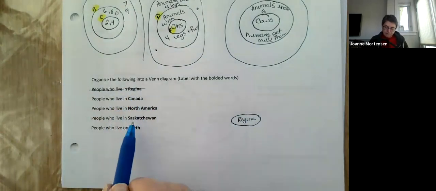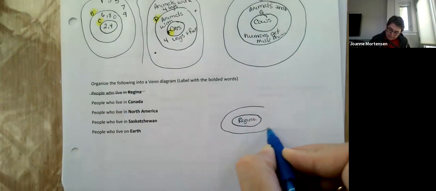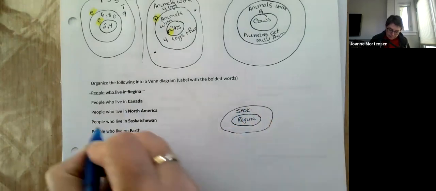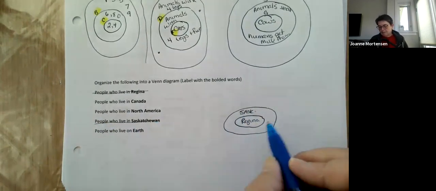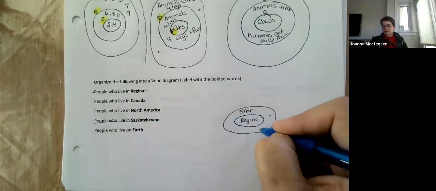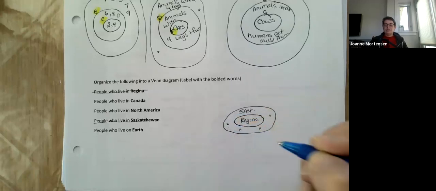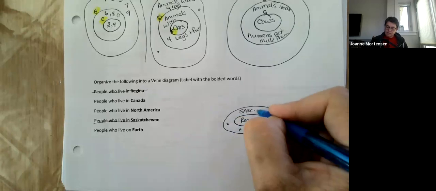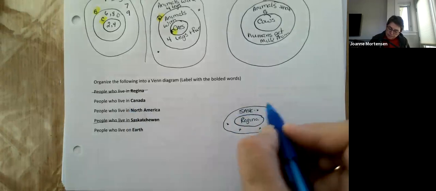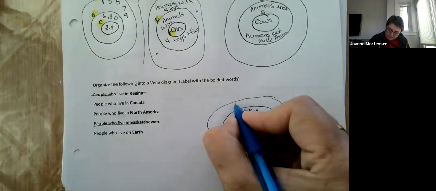The next biggest group is going to be Saskatchewan. Right, so here are the people who live in Regina. So if I live in Saskatoon, I'd be out here, or in Yorkton, or Bigger, or Cockatoos First Nation, Gordon's First Nation. All right, now if we look what's left, and we've got Canada.